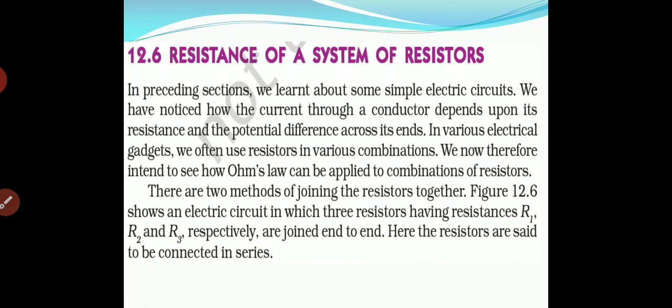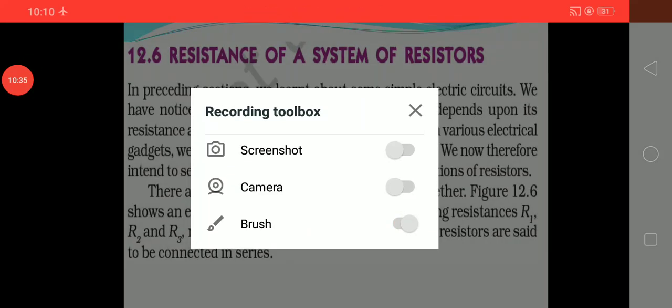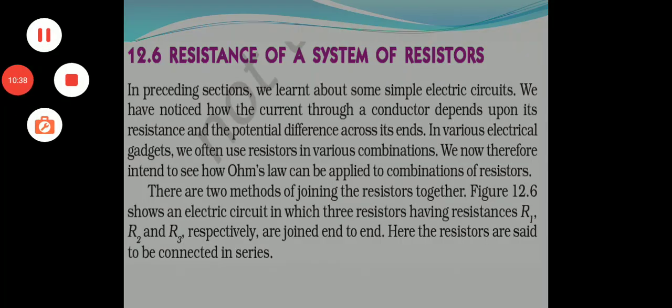Now, the resistance of a system of resistors. In the preceding section we learned about some simple electric circuits. We have noticed how the current through a conductor depends upon its resistance and the potential difference across its ends, how all of them depend on each other.